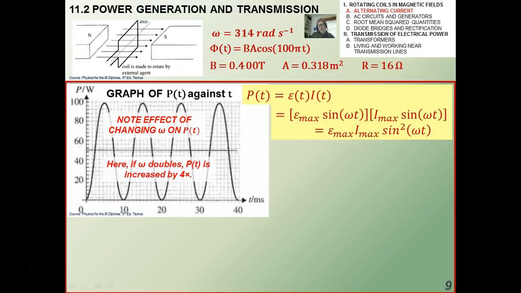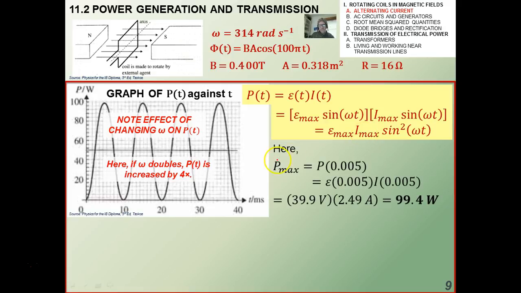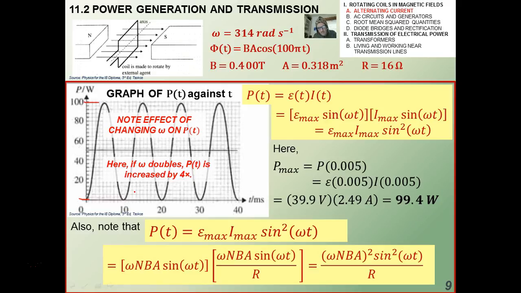Therefore, P is increased by 4 times. After this, the math is fairly easy. The maximum power is the maximum voltage times the maximum current, which we found in the previous slides. That's 39.9 and 2.49. It's 99.4. That is where we get the amplitude of this sine squared wave.